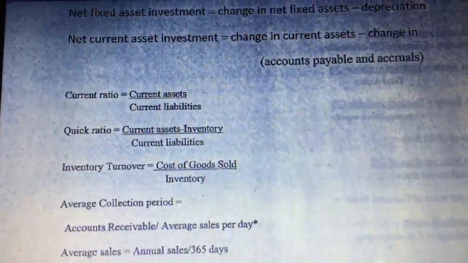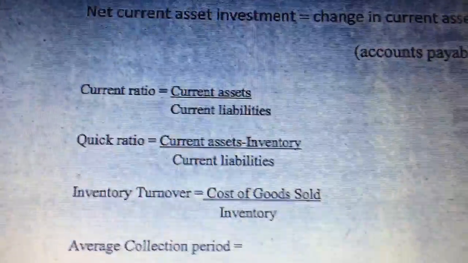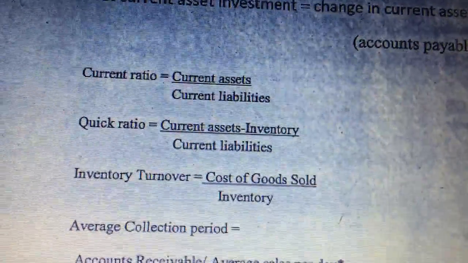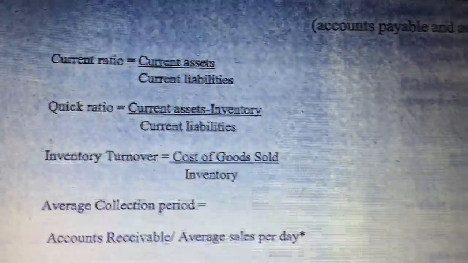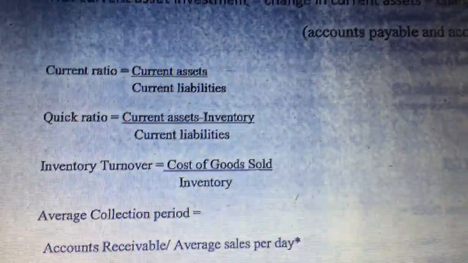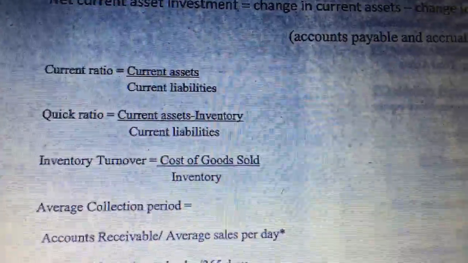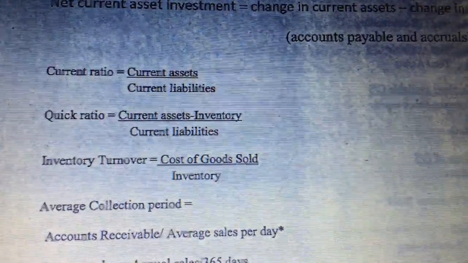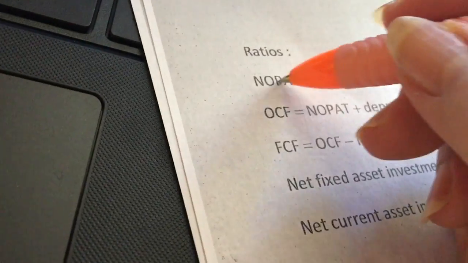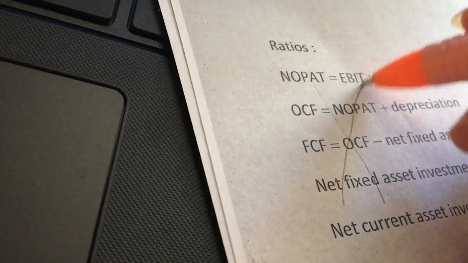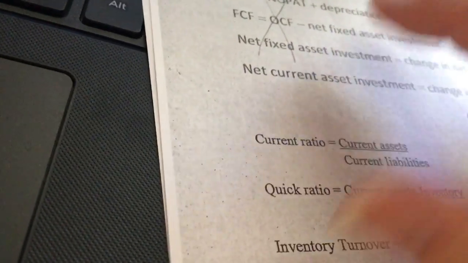The first 2, the current ratio and the quick ratio, will be your liquidity ratios. So I'm going to come down and look at one on a page down here, so bear with me. Okay, so here I am, and the information at the top we're going to hold off on. That's for another day.